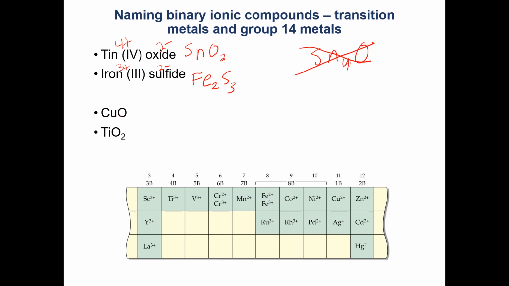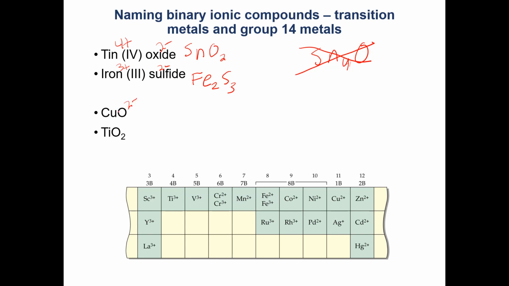Now what we have to do to figure out what Roman numeral to give these transition metals is we look at the charge on the anion, and then we figure out what the charge on the metal would have to be to balance that. So in this case, oxygen is in group 16 or 6A, so it has a 2 negative charge on it.